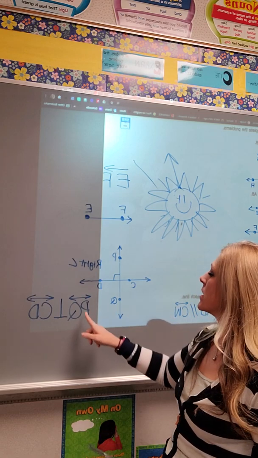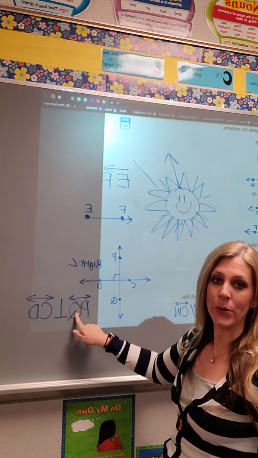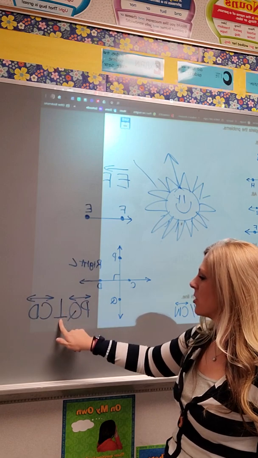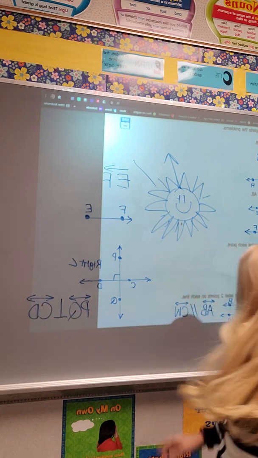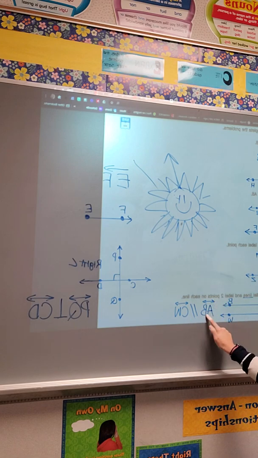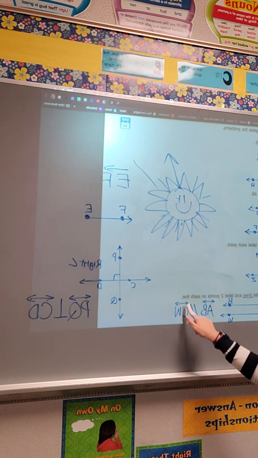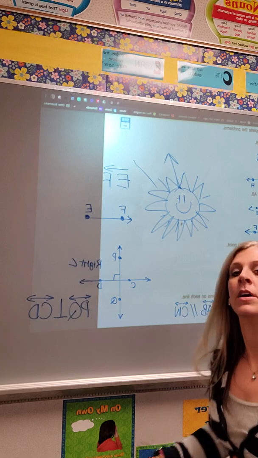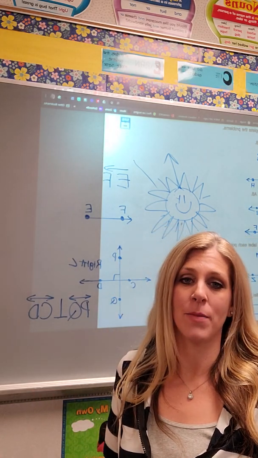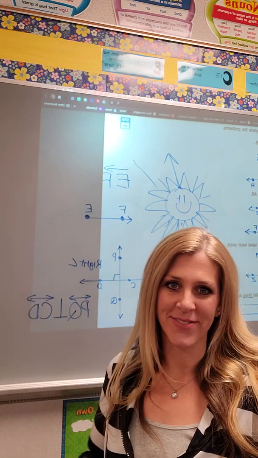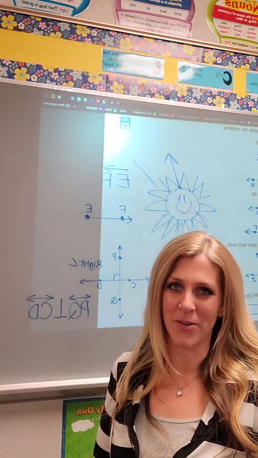So I could read this, line PQ is perpendicular to line CD, just like I could read this one, line AB is parallel to line CW. And those little shorthands help us know what it is we're describing in geometry without writing it all out. Just a shortcut for you and a little bonus.